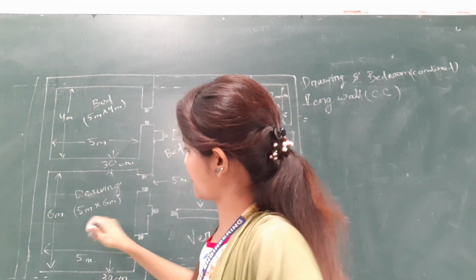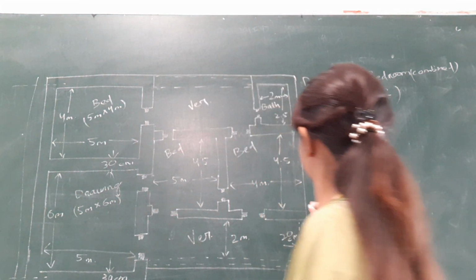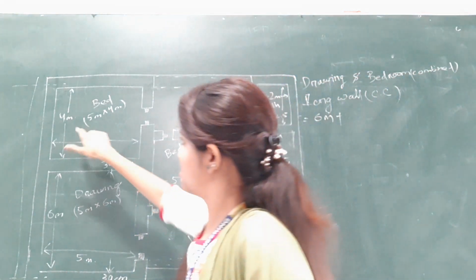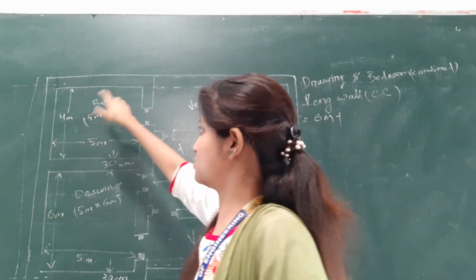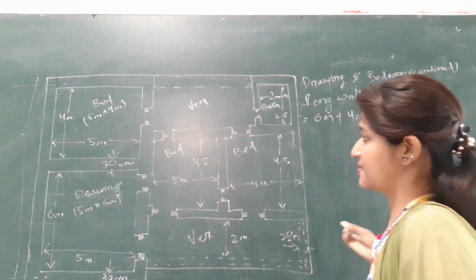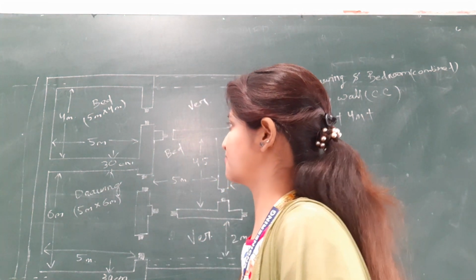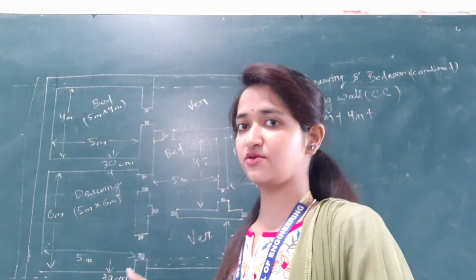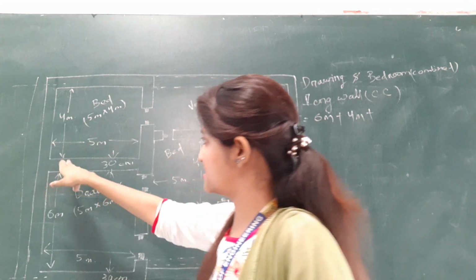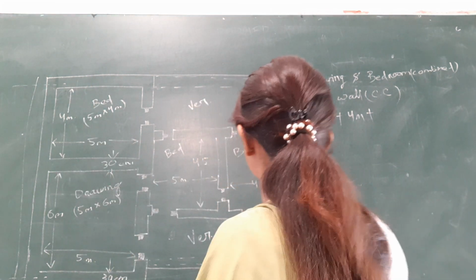So at first we put 6 meter plus the next 4 meter, 6 plus 4 plus a wall thickness. Obviously this is a wall thickness of 30 cm, but when we calculate the long wall, this is included in the long wall.